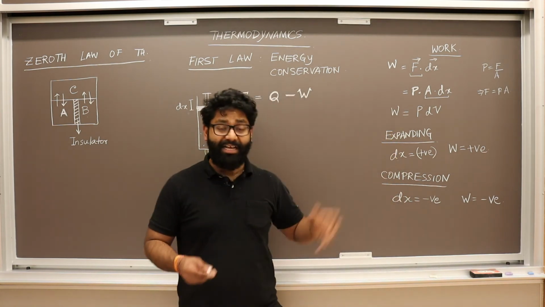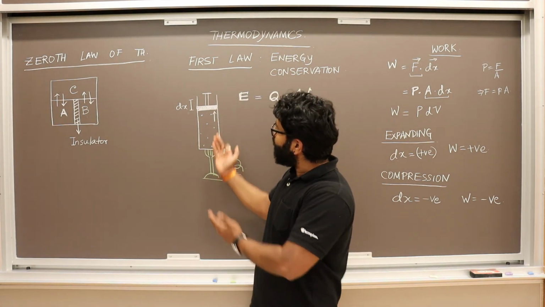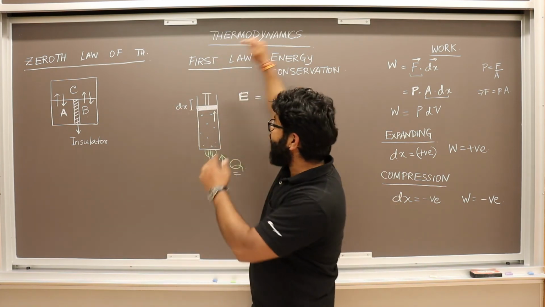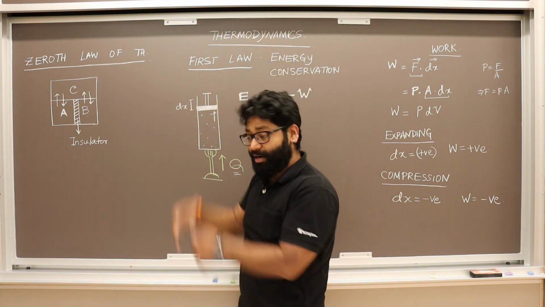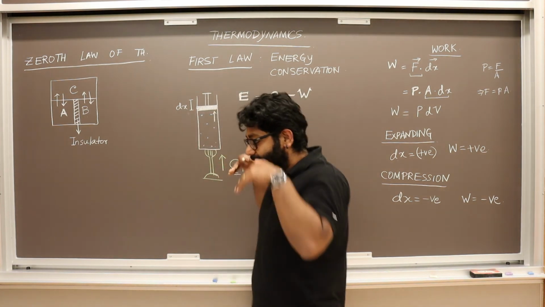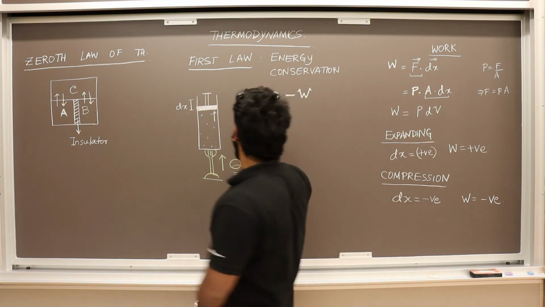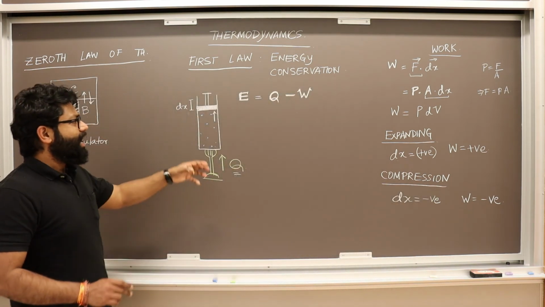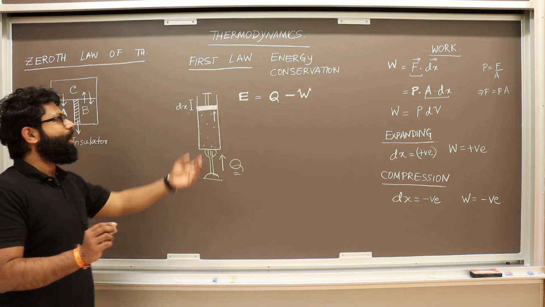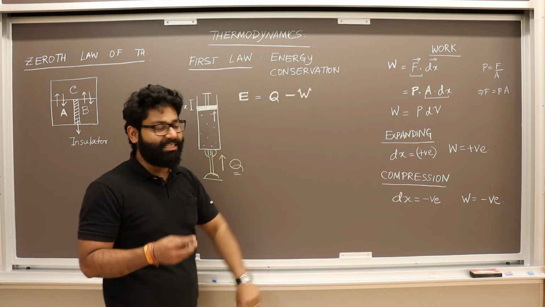During expansion, we say that the system, which is inside, is doing work on the surroundings. During compression, we say that the surroundings are doing work on the system, right? So you're compressing it, so the outside is doing work on the system. Compression, negative work, okay? So in here, let's talk about small quantities of heat that was given, of work that was performed, and the change in internal energy.